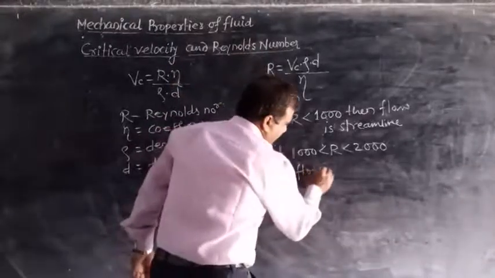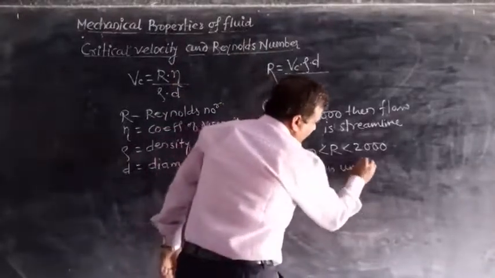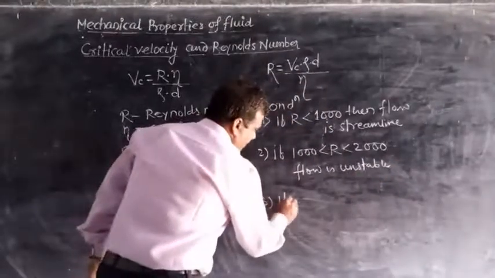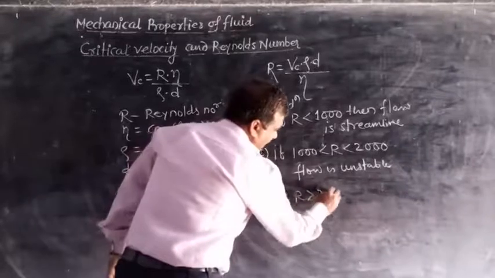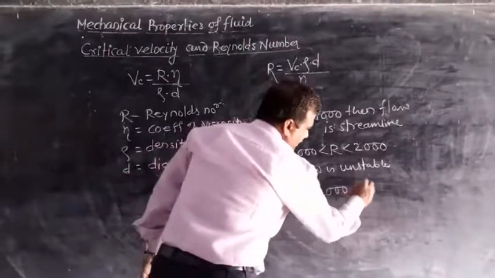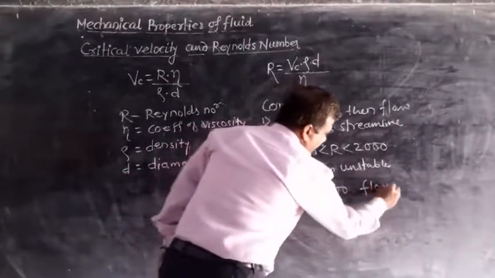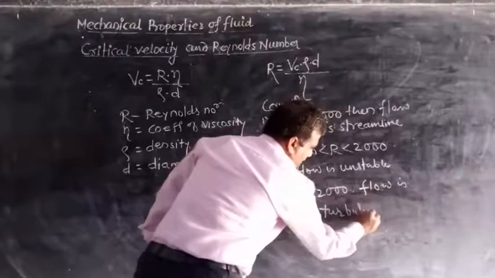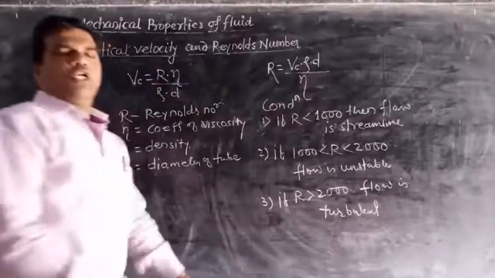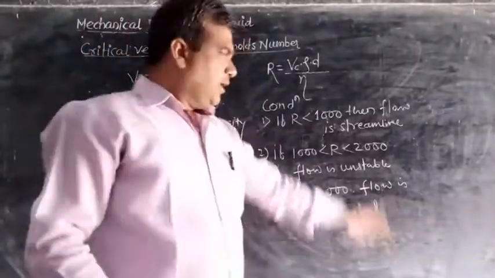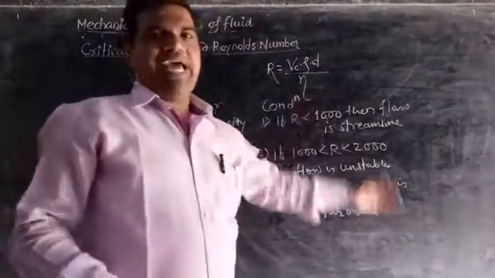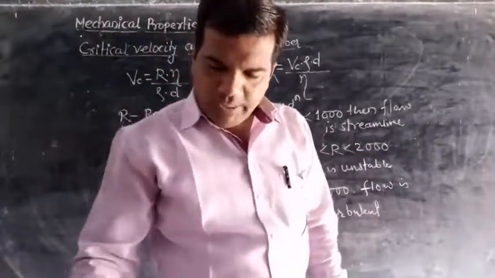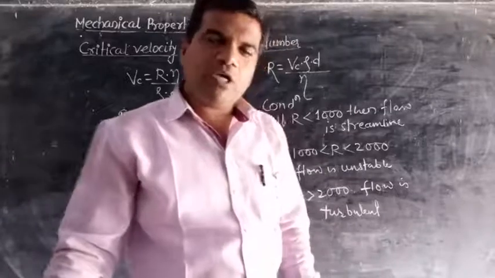Flow is unstable. And third, if R is greater than 2000, then flow is turbulent. And these are the conditions for Reynolds number. Using these conditions, we can determine the nature of flow of liquid. And next to this, we will discuss the viscosity of liquid.